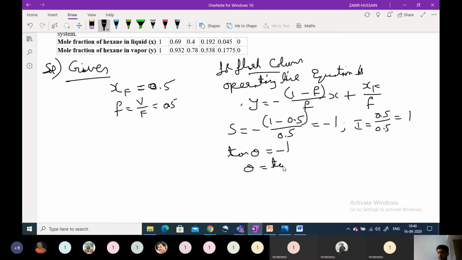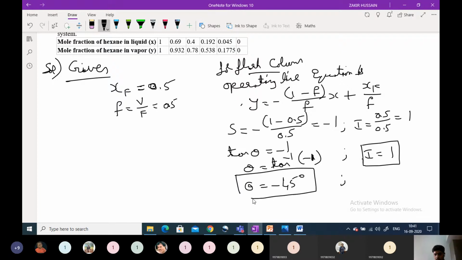Then theta is equal to tan inverse of minus 1. Using the calculator also you can calculate this. I hope you already know that. Tan inverse of 1 is 45, so tan inverse of minus 1 is minus 45 degrees. Then the intercept value is 1, so we need not bother about this one. So theta is 45 degrees.